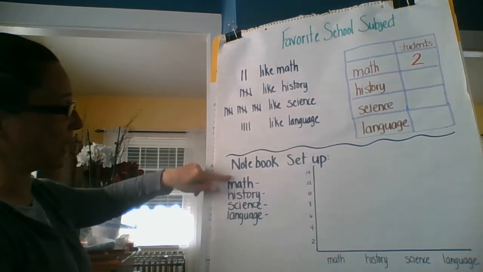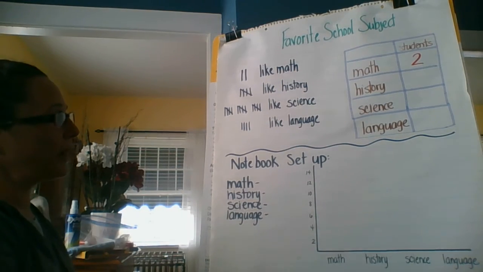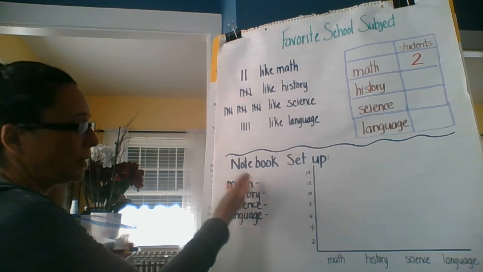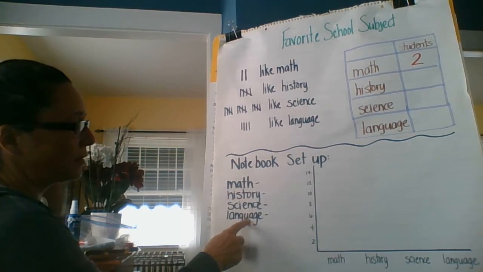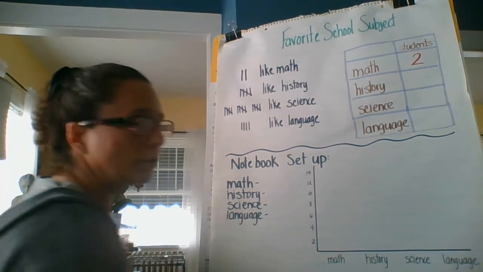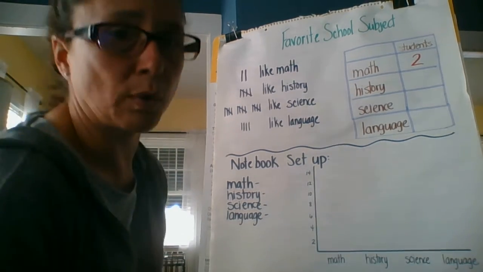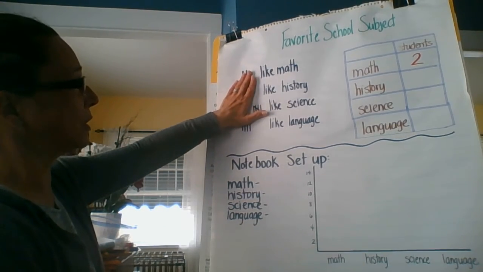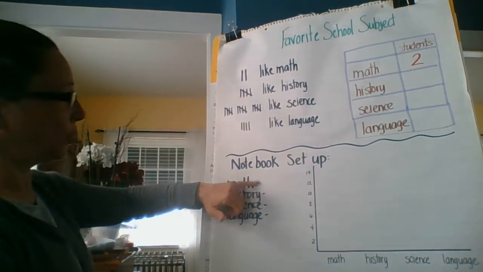So we're going to do it down here instead. So your parents need to write down the words, and today I'm writing math, history, science, and language, and then they need to make a little graph, and there'll be a picture of this to show them. And then all you have to do is take this information. We can't write it here, we're going to write it here.